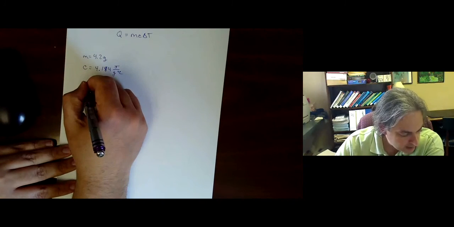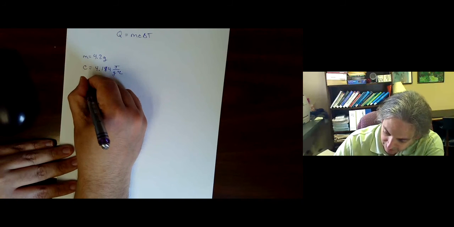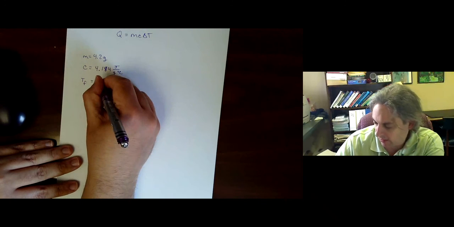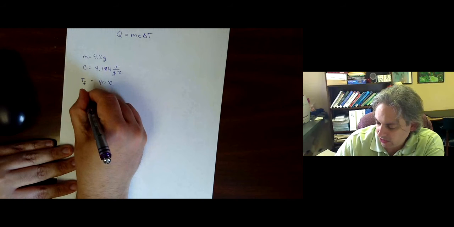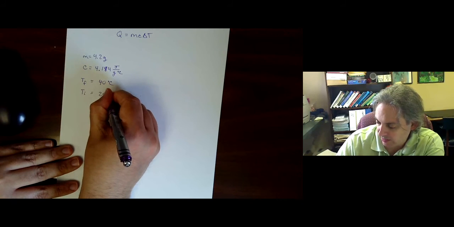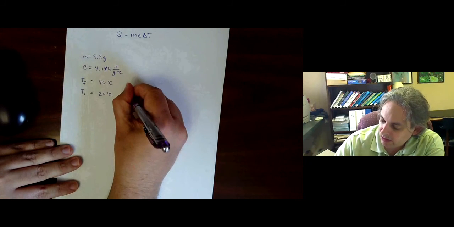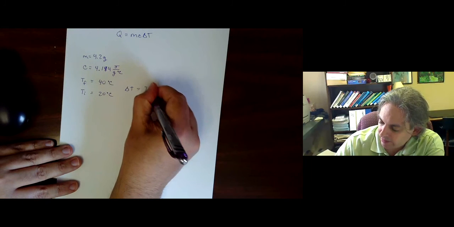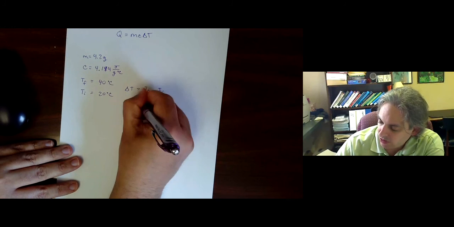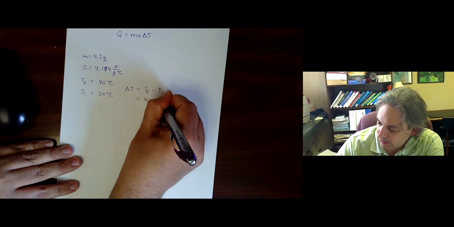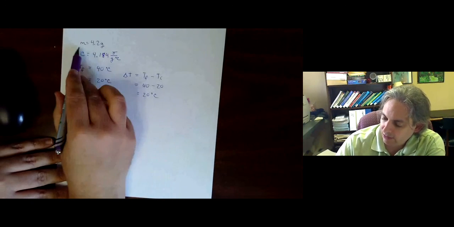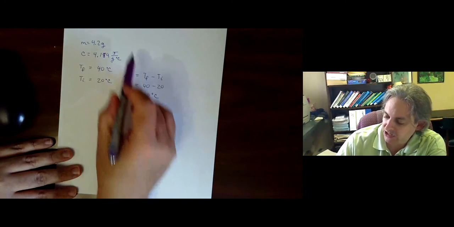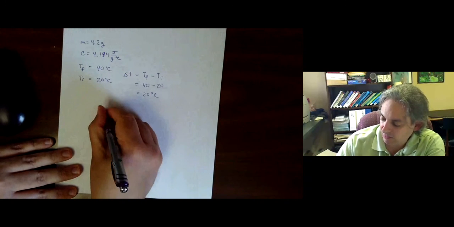A change in temperature is always final minus initial. Let's say our final temperature is 40 degrees C, and our initial temperature was 20 degrees C. That means our delta T is T final minus T initial, which is 40 minus 20, or simply 20 degrees C. Now that we have our mass, our specific heat, and our change in temperature, we can plug it into this formula.